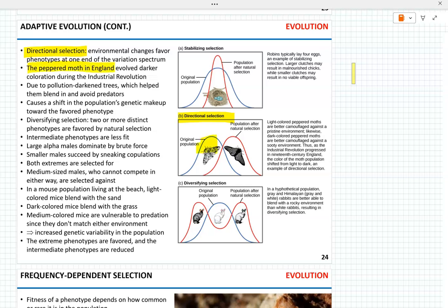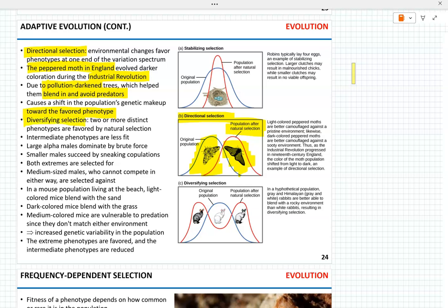The original population had a fairly light color, but during the Industrial Revolution, because the trees were darkened by pollution, the individuals with a darker body color had an advantage because they could blend in and avoid predation, which resulted in a shift of the genetic makeup of the population towards the more favored phenotype.